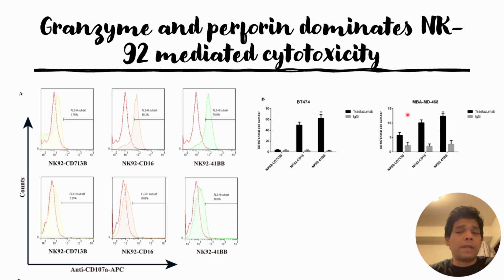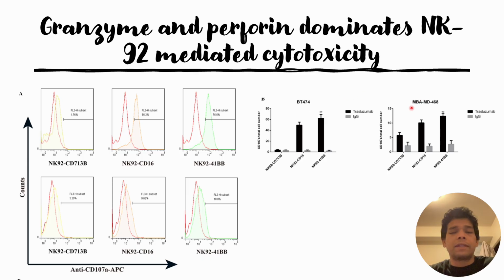So this value indicates that the HER2 negative cells are less prone to this ADCC assisted NK-92 cytotoxicity because they are not specific targets for these genetically modified NK-92 cells.